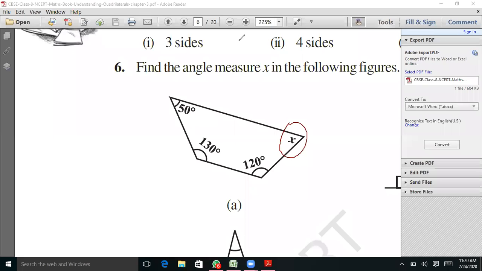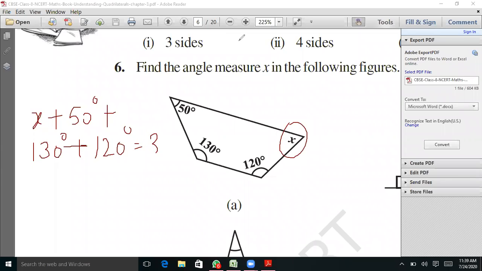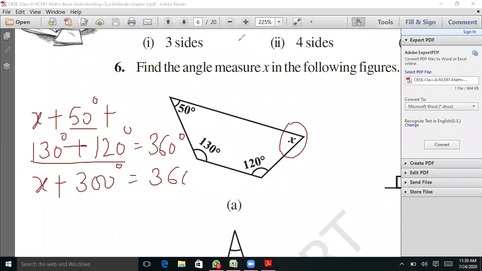So we can write it as x plus 50 degrees plus 130 degrees plus 120 degrees is equal to 360 degrees, right? Then if we add, x plus 300 degrees is equal to 360 degrees.